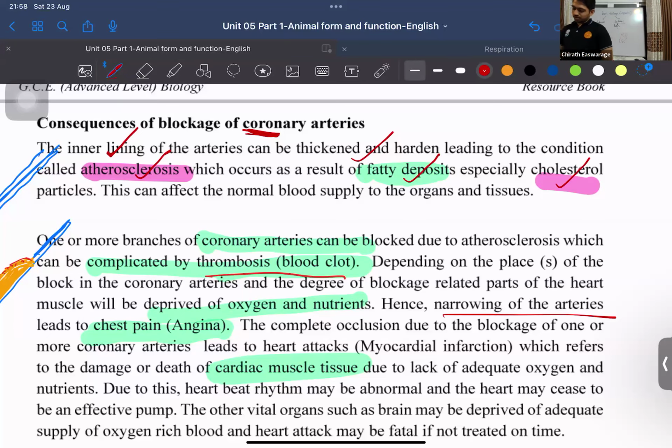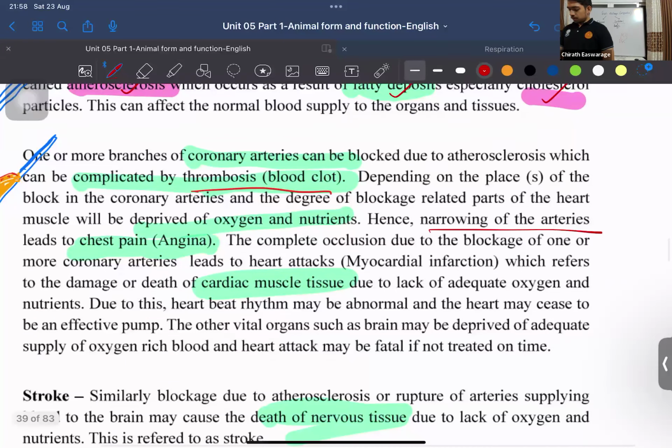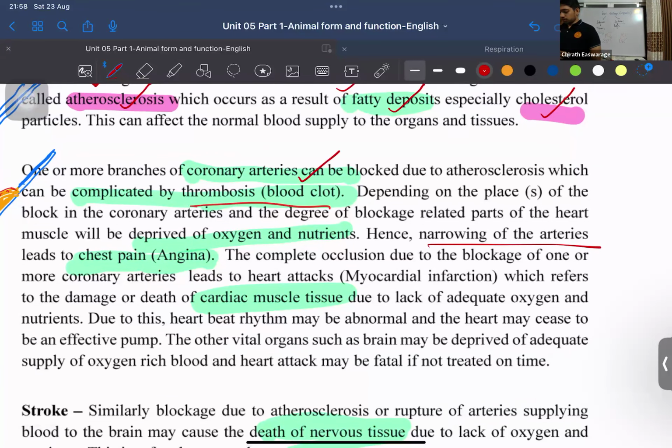This can affect normal blood supply, only 1 mark for that. One or more branches of coronary arteries can be blocked due to atherosclerosis. Blocked is the word, which can be complicated by a thrombus, blood clot.